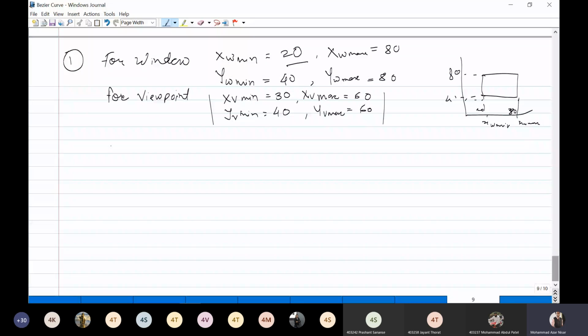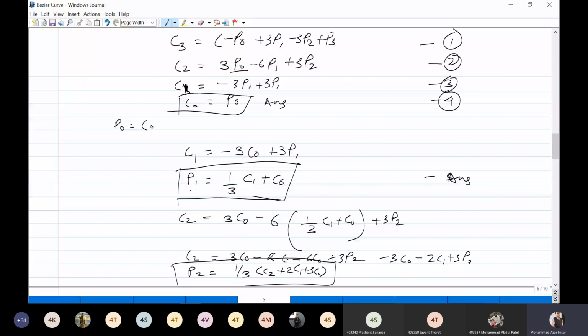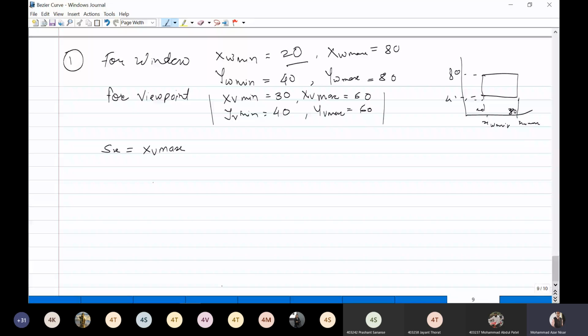So for finding Sx for this particular problem, I will first write the equation. The formula is Sx equals xv max minus xv min divided by xw max minus xw min.